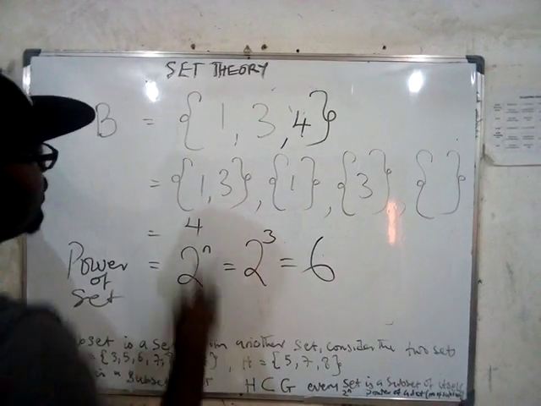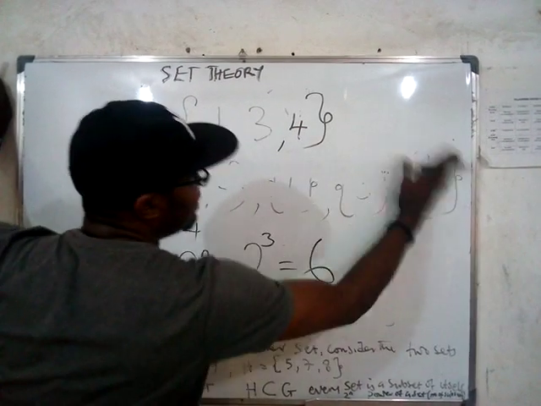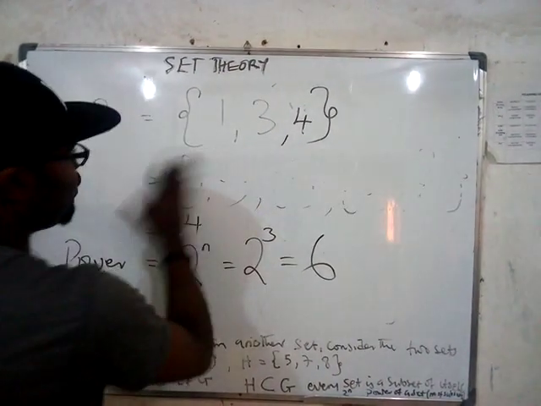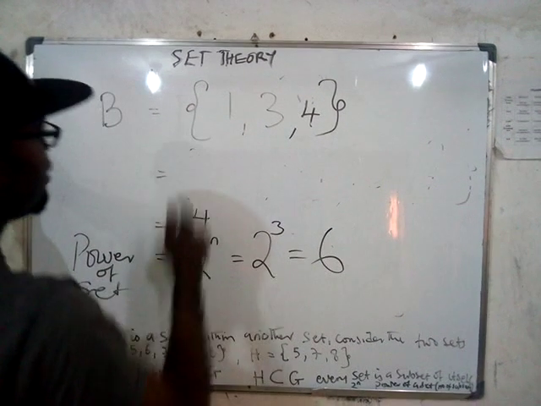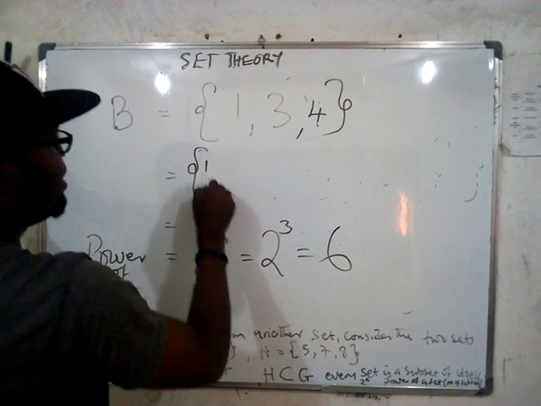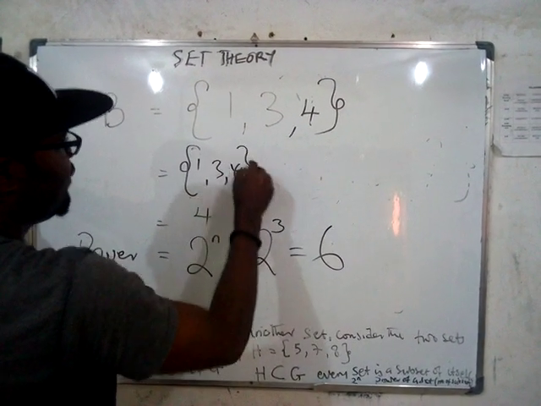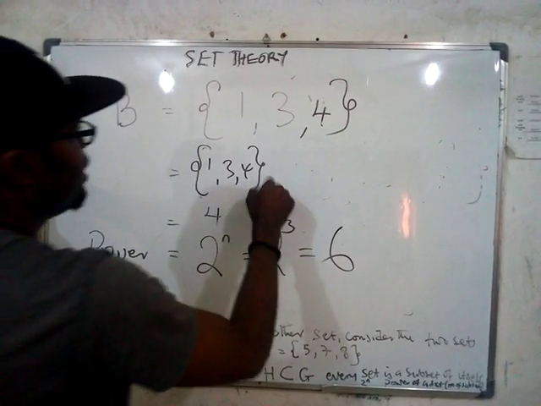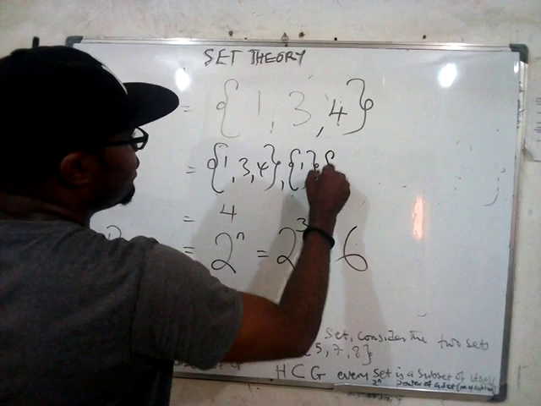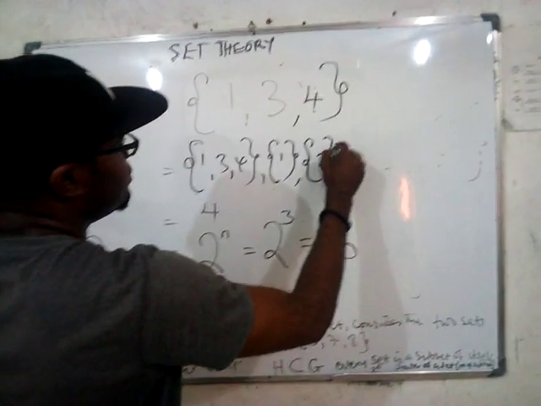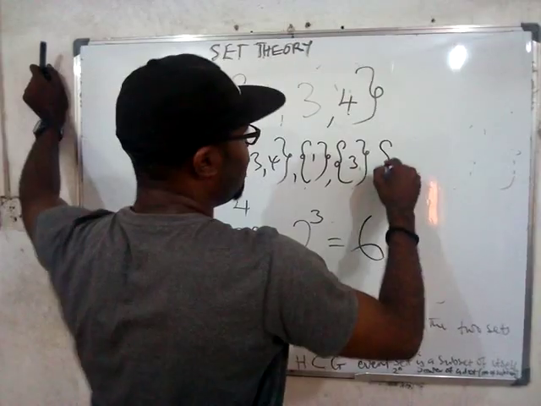So it's going to have how many subsets? 6. So how do we identify these subsets? Once you already know that the subsets will always be 6, it's easier for you to write. So you can always know that every set is a subset of itself. So you have to write this first. Then you have to write only 1. Then only 3. Then only 4.